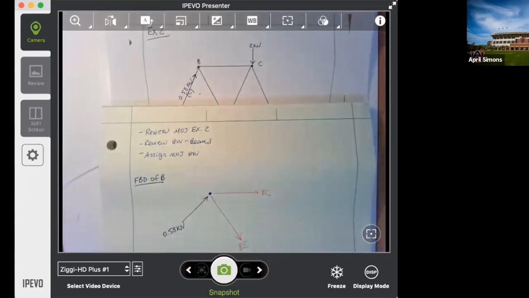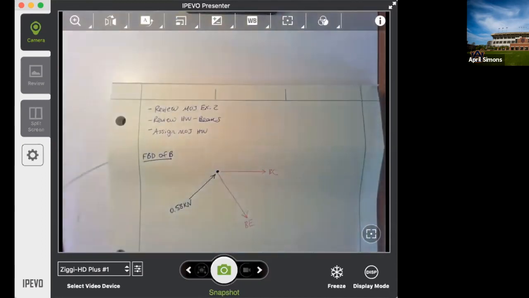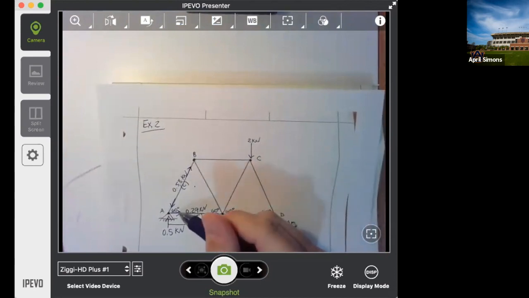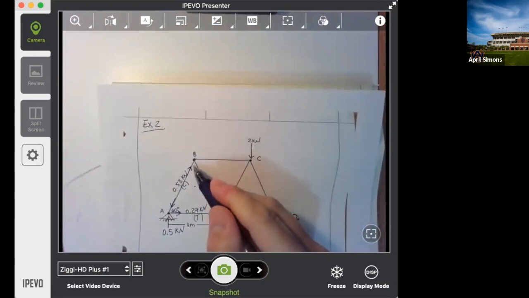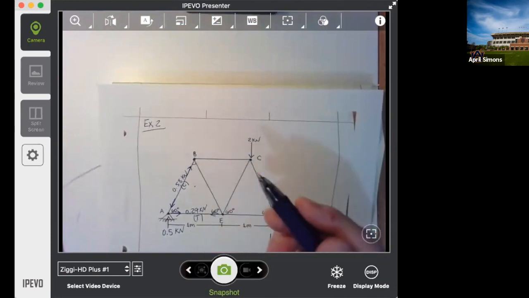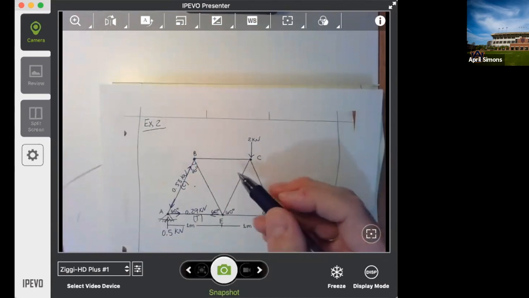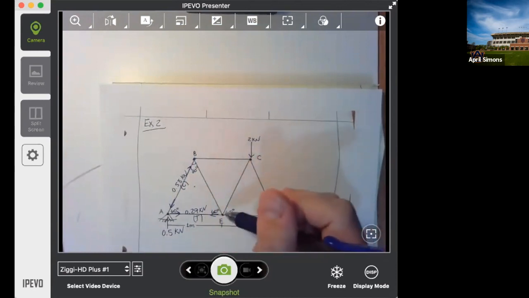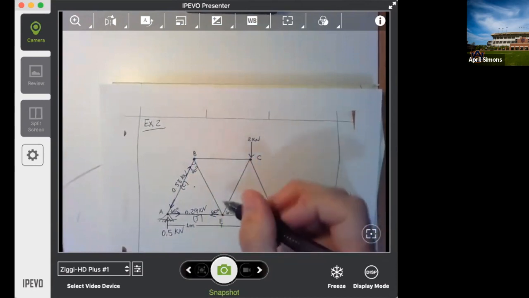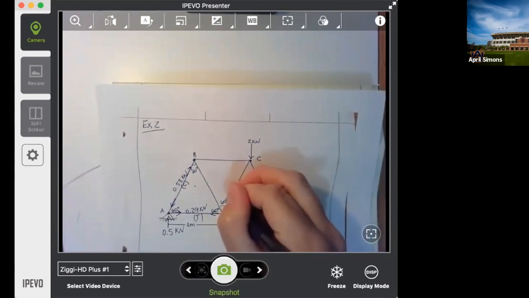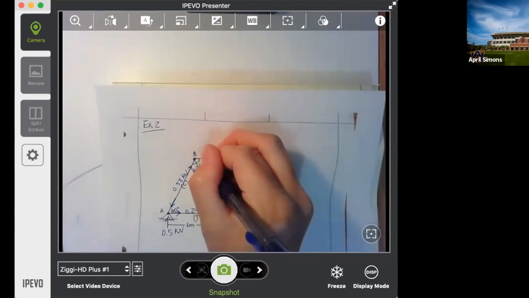Okay. Now with our given angles here, we've got 60, 60. So that means that this angle would also be 60 degrees. Okay, and given that this is a symmetrical triangle, this angle is 60 degrees, this angle is also 60 degrees.